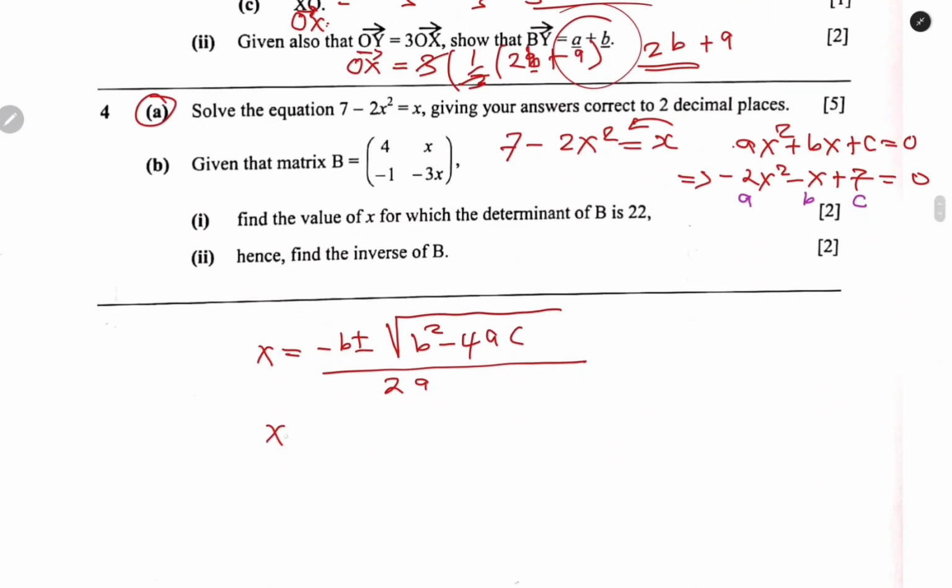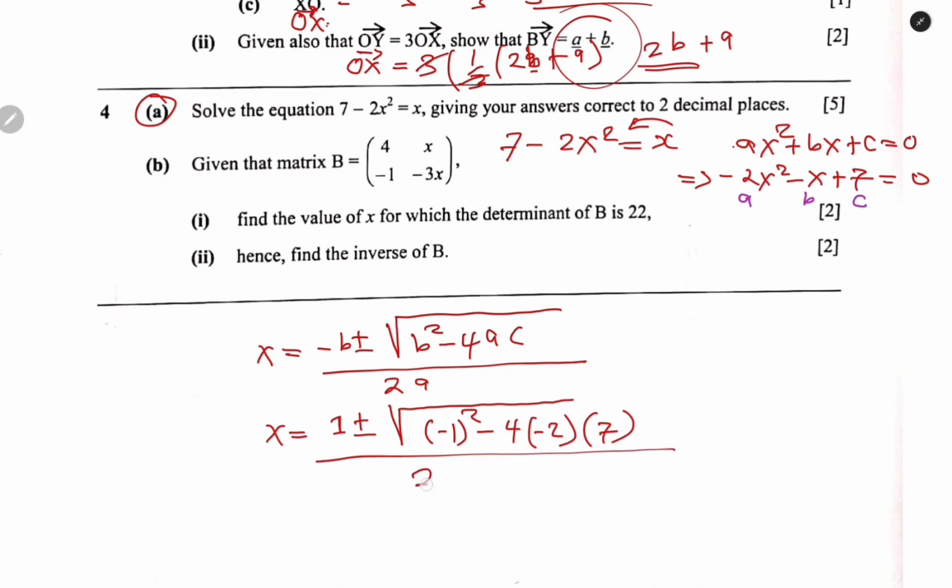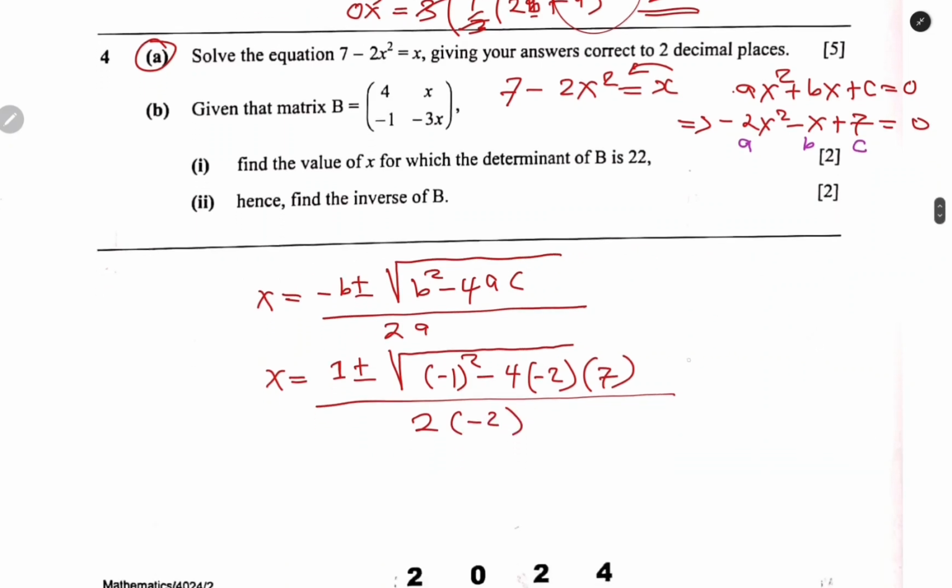So x is equal to plus 1, which is just 1, plus or minus the square root of negative 1 square minus 4 times negative 2 times 7, divided by negative 2.